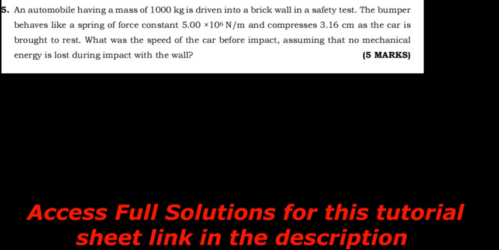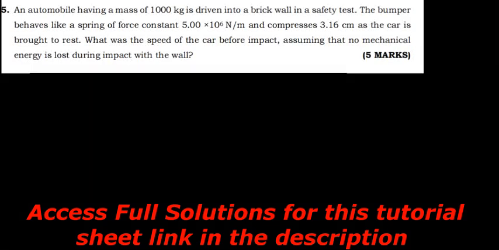So meaning that if energy was not lost, as it was moving, it had kinetic energy. So this is the conservation of energy. As something is moving, before it was brought to rest, it had kinetic energy. No energy was being lost.